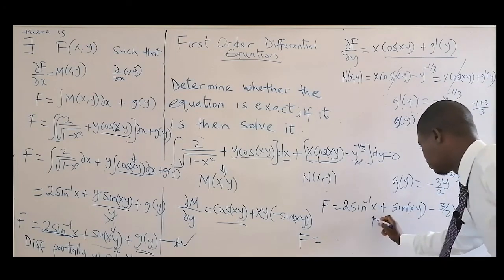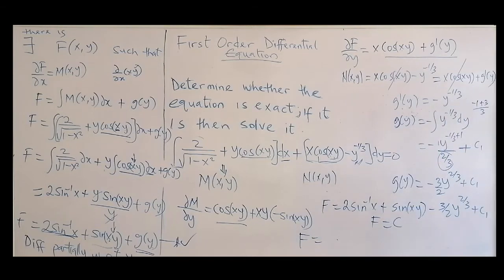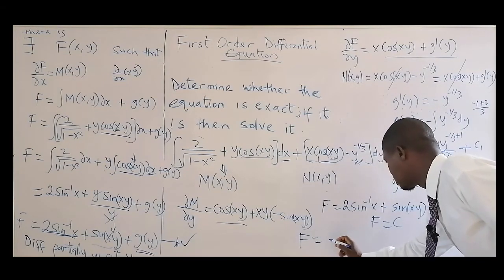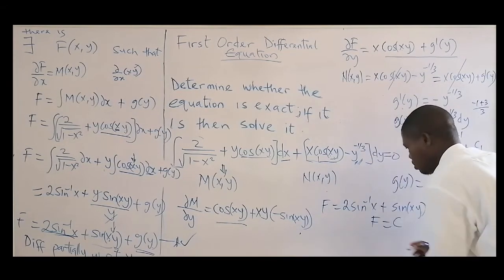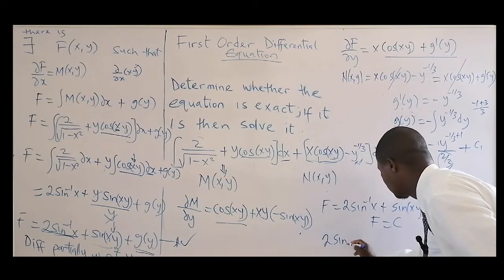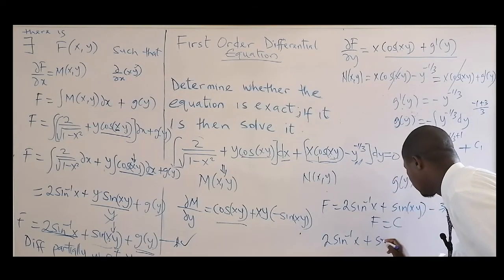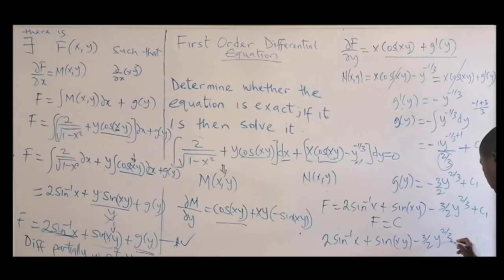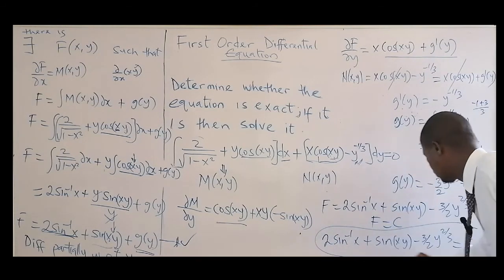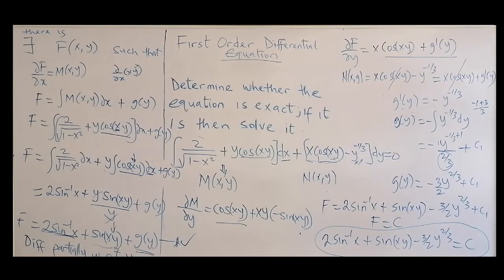And don't forget your f is C. So the final solution to that will be equal to 2 arcsine x plus sine xy minus 3 over 2 y to the 2 over 3 equal to C. So that's the solution to that differential equation.